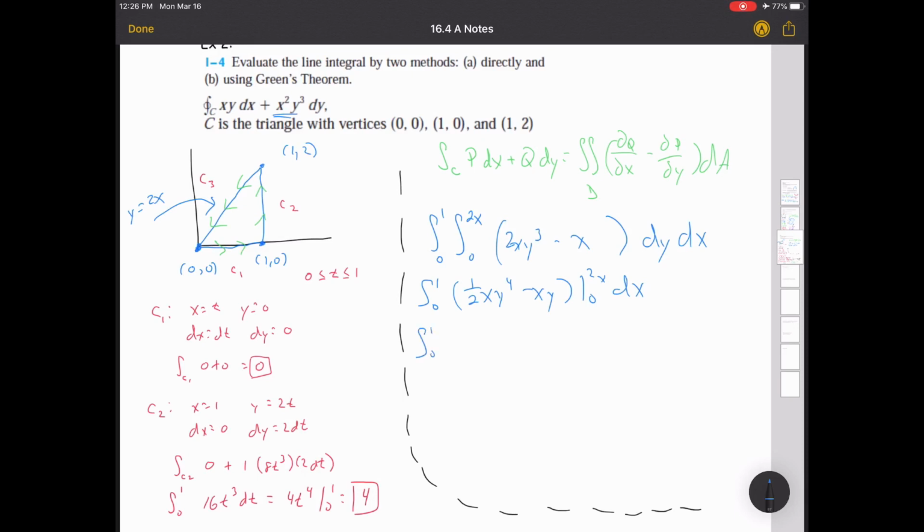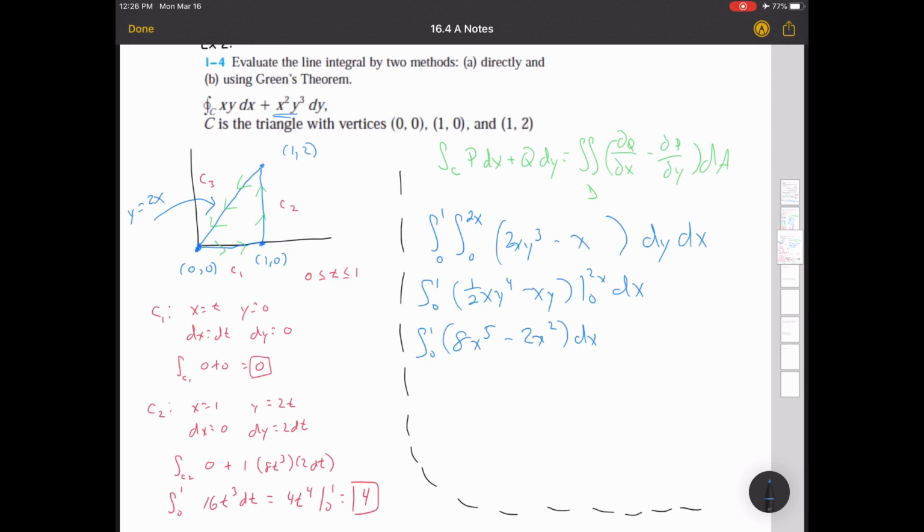So plugging in a 2x first, we're going to get 2 to the fourth is 16, so that's 16x to the fourth times x is 16x to the fifth, but dividing by half is really 8x to the fifth. Plugging in the 2x for the y, we get minus 2x squared. Plugging in 0 for all the y's, we get nothing. Good, almost done.